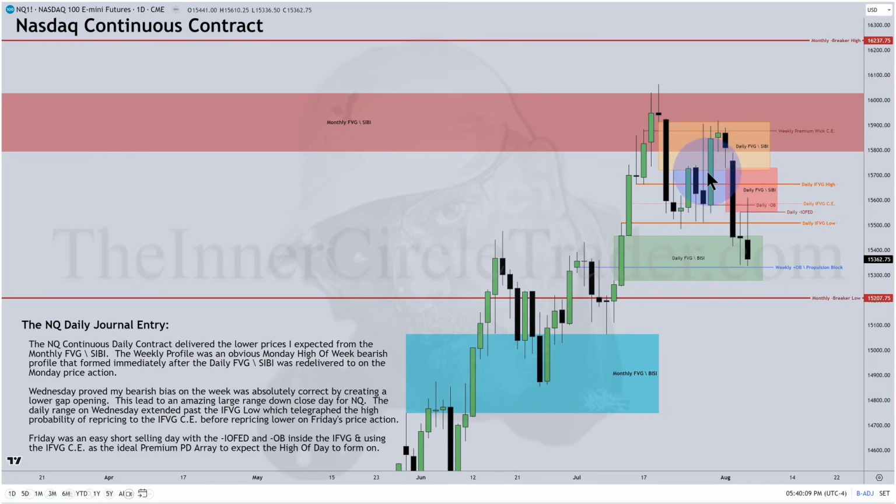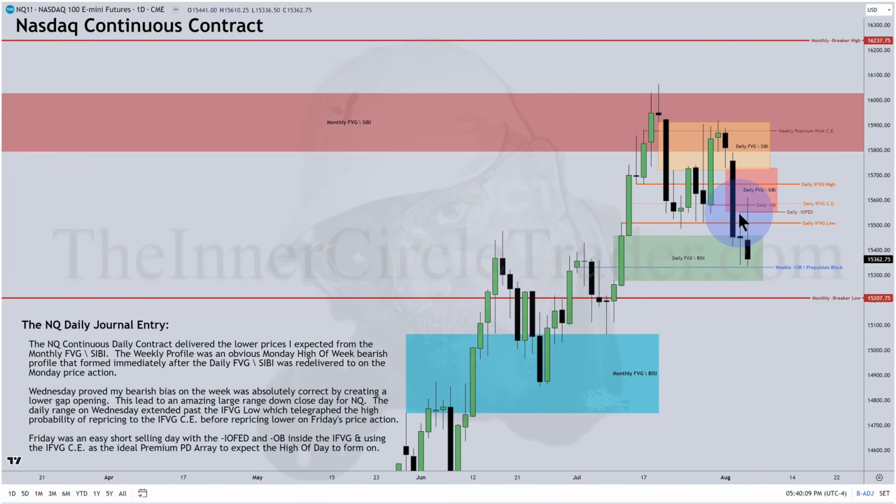Halfway point of that is what? Consequent encroachment? No. Mean threshold. So we extend that to the future, and it would be in this area here. But what do we have here? We have this inefficiency from this candle's low, this candle's high.